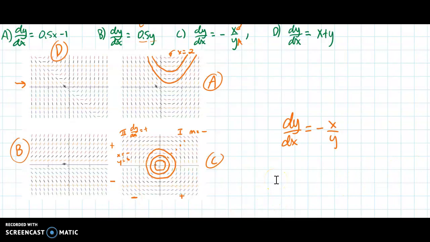A lot of times, if I were to do dy dx right above, evaluated at y equals 0, I would get -x over 0. And that doesn't exist. But we do know that it goes to infinity. And that actually matches this graph over here because y equals 0 is the x-axis.